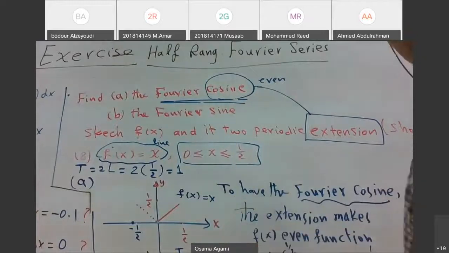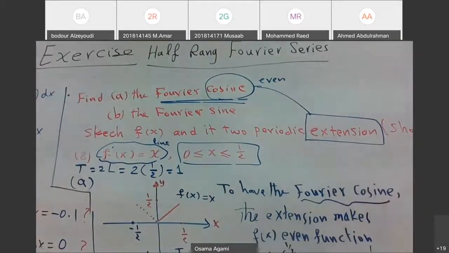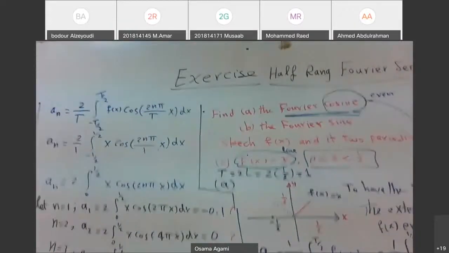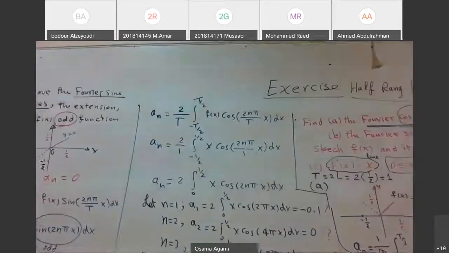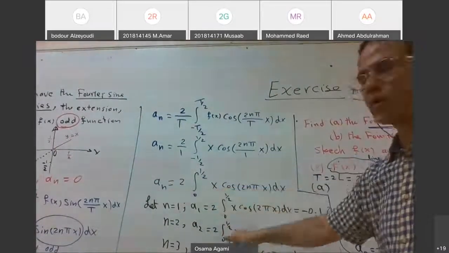Next, the normal stuff. You have the formula for A naught, you substitute, you get the integration for A naught. All the time you find it by the calculator because you don't have any symbols. And A n, integrating A n by parts, you can do it one by one.